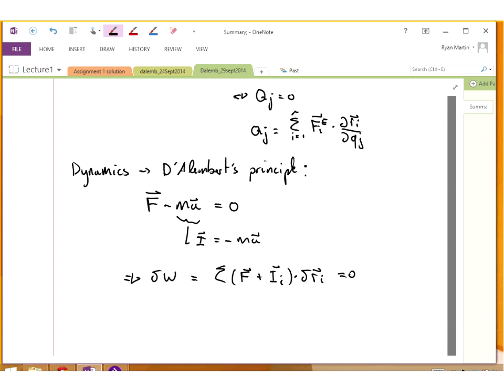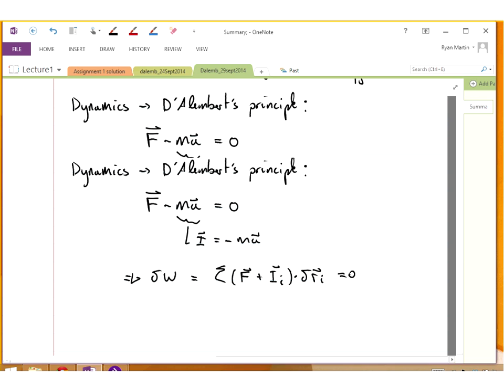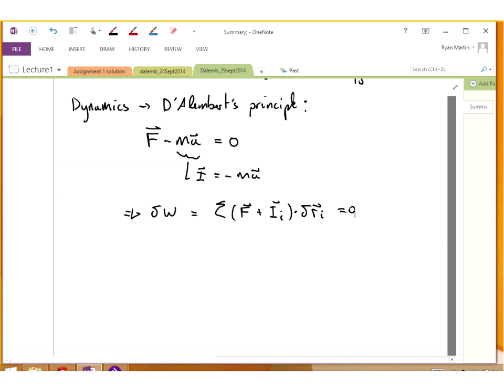And the term with the I, we found, ended up turning into a term with the kinetic energy. So this thing here, the sum of the inertial force I dotted with the delta r_i's. So there's an inertial force I for each mass i with its own acceleration.